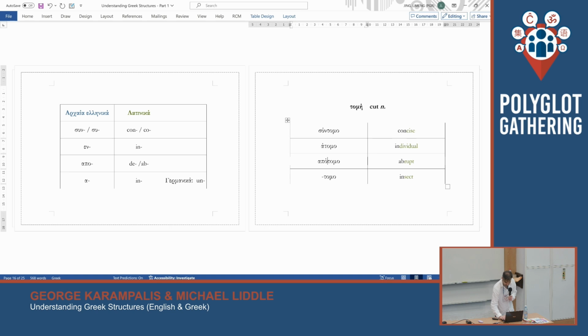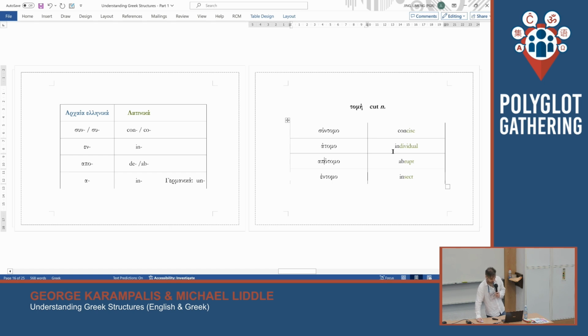Απότομα, ναι. An insect? Έντομα, yeah. Έντομα literally means the thing that is cut into sections, because their body looks as if it's cut into sections. That's why we call it an insect.